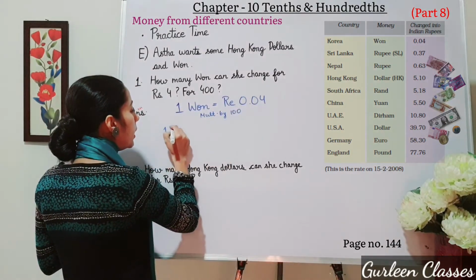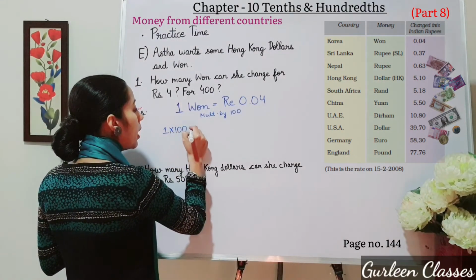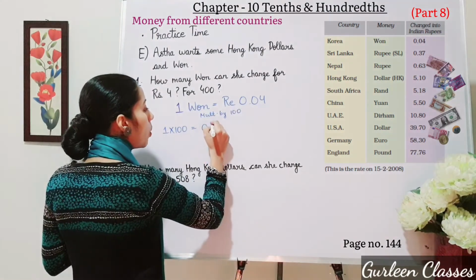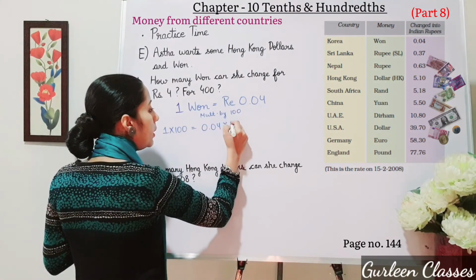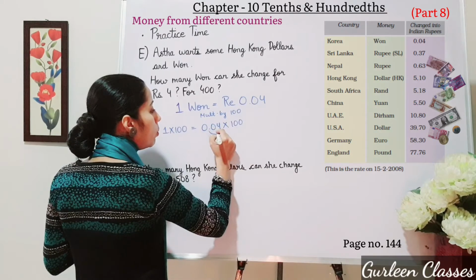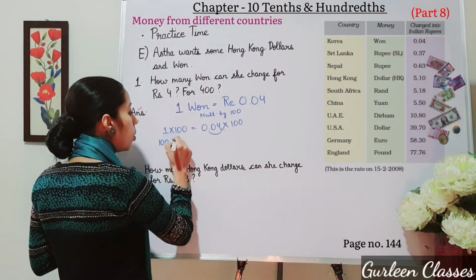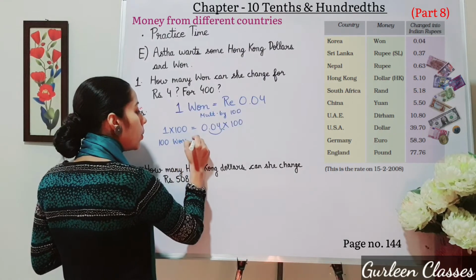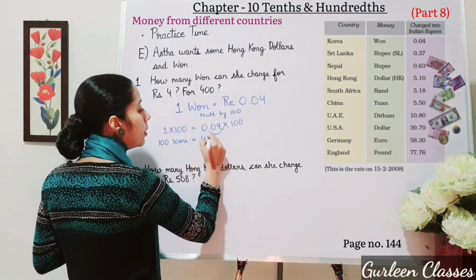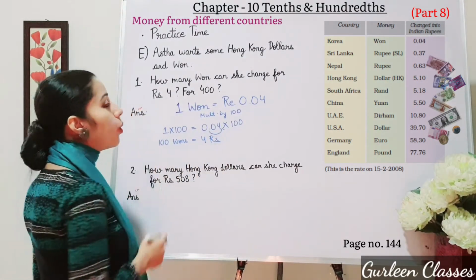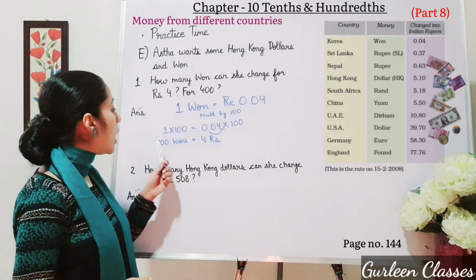So 1 into 100 and here it will be 0.04 into 100. Decimal point will move to the right by 2 places. So here it will be 100 wons is equal to 4 rupees. Now for 4 rupees there is how much? 100 wons.